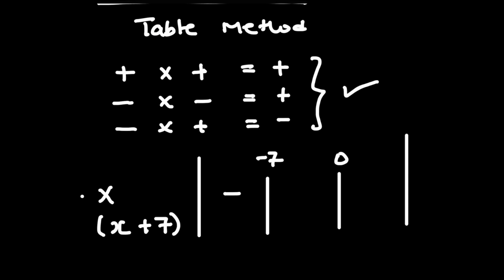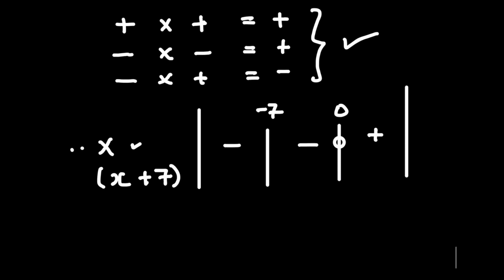Then we're going to have a negative. Any value of x between minus 7 and 0, we're going to get negative. Then at 0, this is going to be 0. And any value of x greater than 0, we're going to have a positive value.